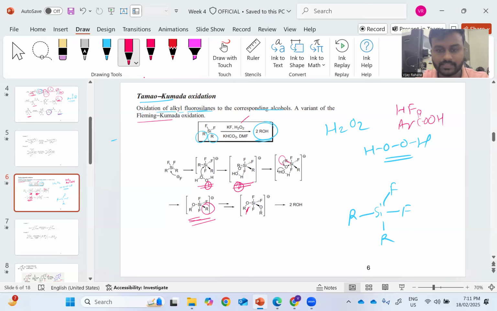So this one first and the second, the two OR linkages from the one starting material, and upon hydrolysis it gives the two alcohols, right? So two equivalents of alcohols we get. These may be similar or different, but at the end from each R group the R-Si bond gets cleaved and forms the R-OH bond. So this reaction is good for solving assignment questions.